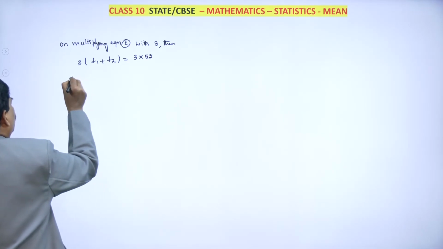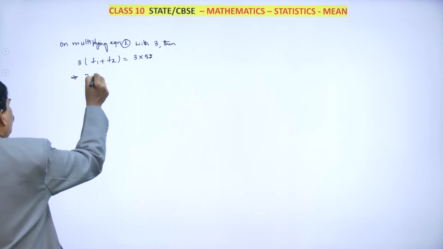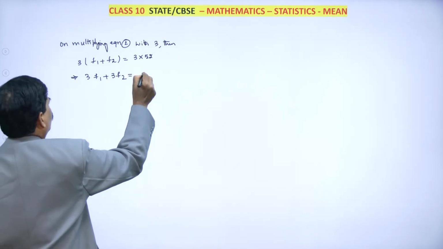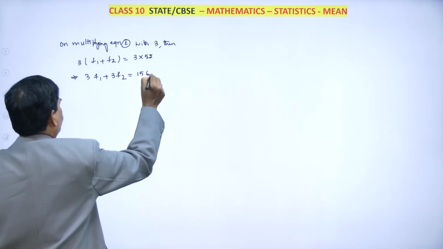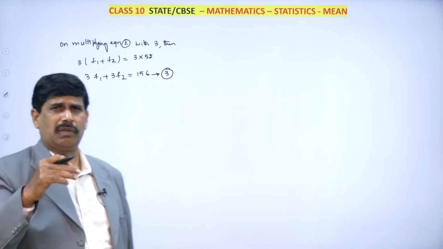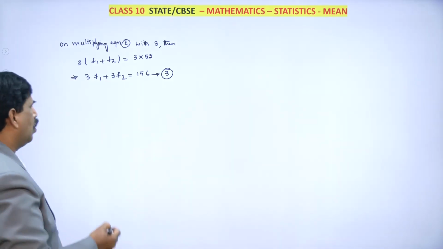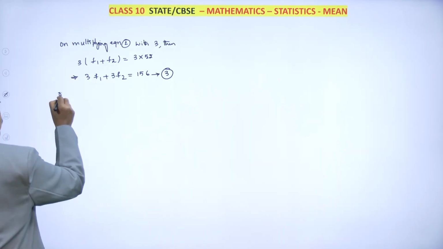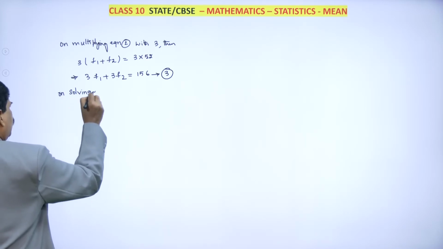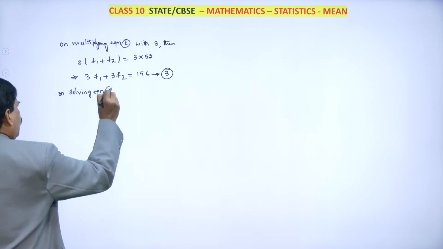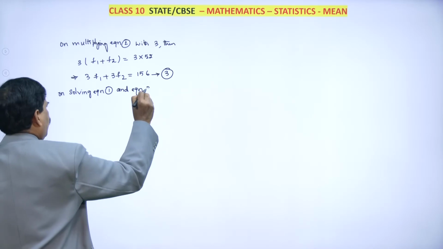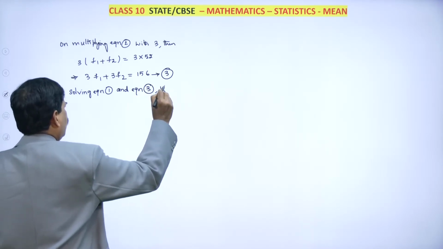Just multiply now. So now this will be 3f1 plus 3f2, that is equal to 3 2s are 6, 3 5s are 15, 156. Give this as equation 3. Now solve both the equations, equation 1 and equation 3.